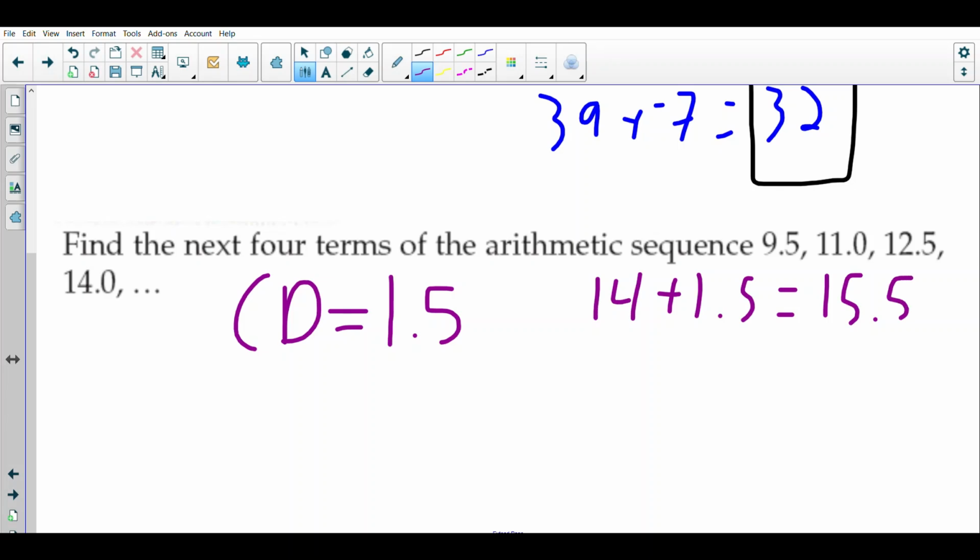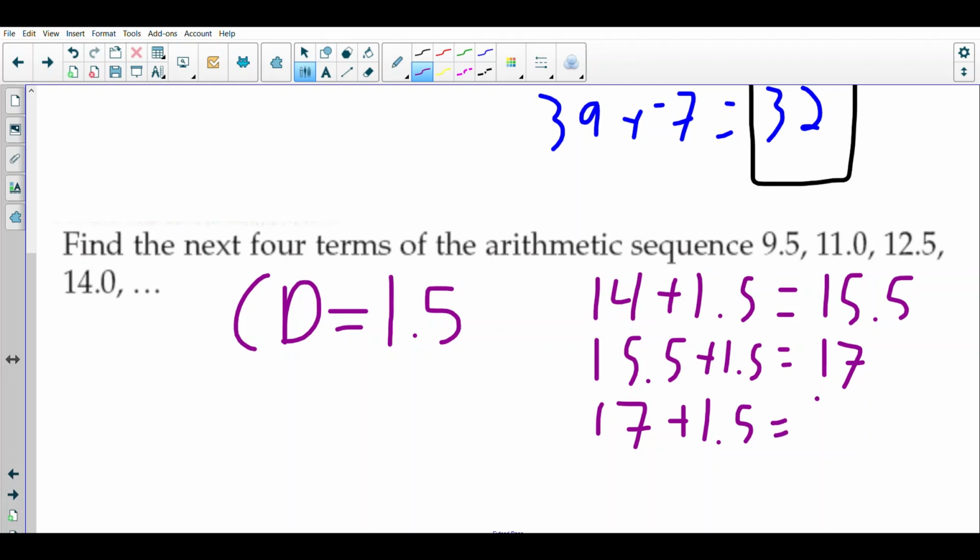The next one, 15.5 plus 1.5, would give us 17. Then 17 plus 1.5 gives us 18.5. And the last one, 18.5 plus 1.5, gives us 20. And those would be the 4 terms we're looking for.